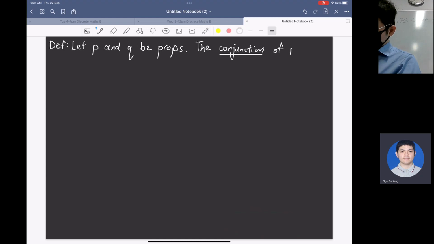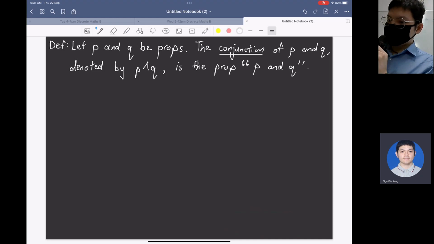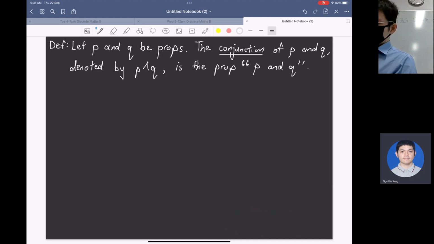So the conjunction of P and Q, we will write it as P ∧ Q. So P ∧ Q is the proposition "P and Q".